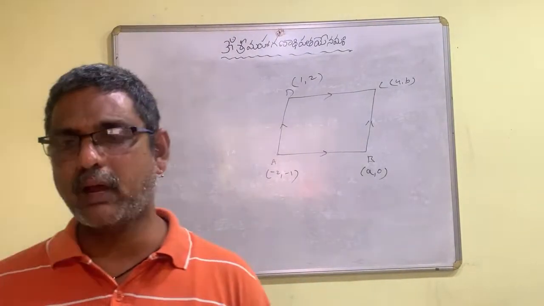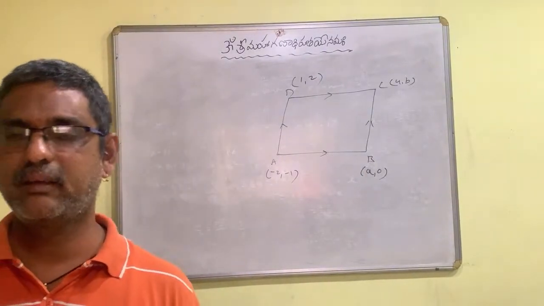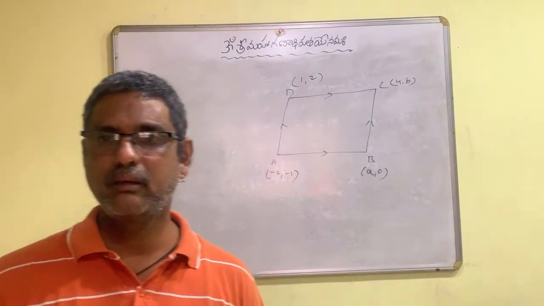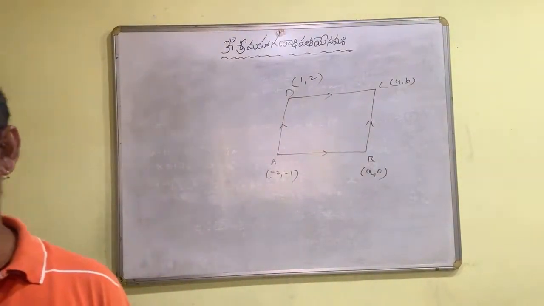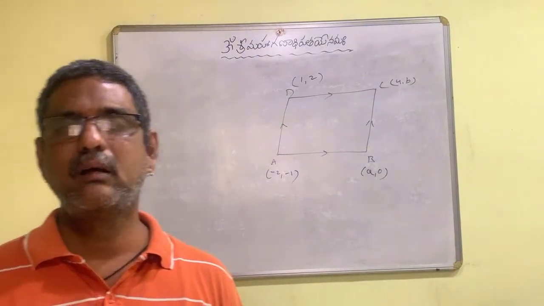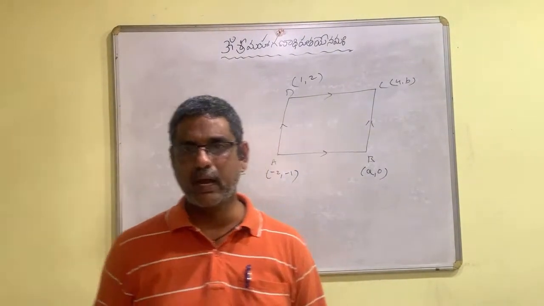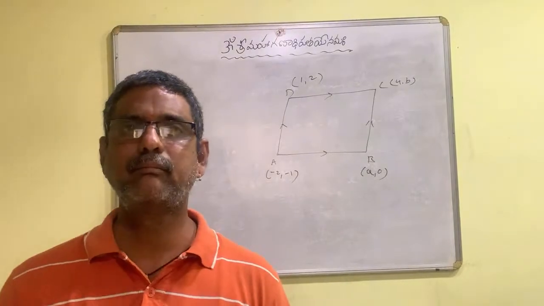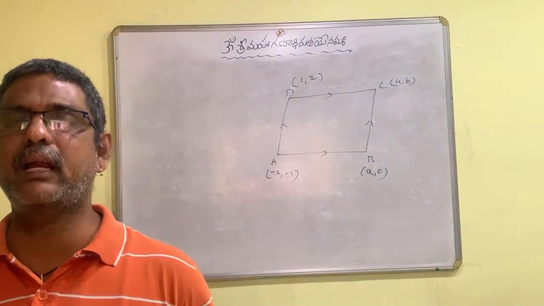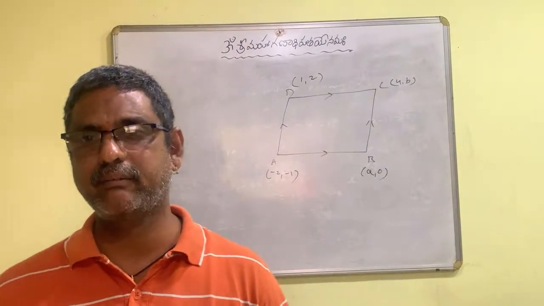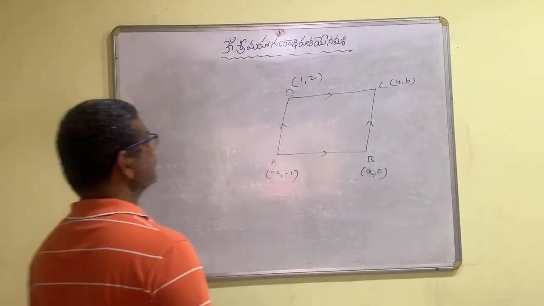Children, this problem you have to solve using the section formula. How? There is a property in a parallelogram that diagonals bisect each other.